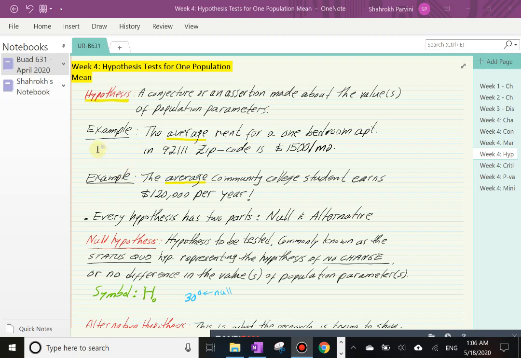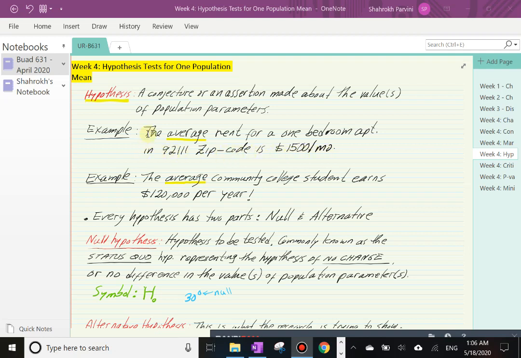Now, my first example is kind of sensible, whereas my second example is not so sensible, right? My first example reads that the average rent, note in both cases, by the way, I'm talking about the average. So mu is what we're doing here. This is the population average. The average rent for a one-bedroom apartment in that zip code is $1,500 a month.